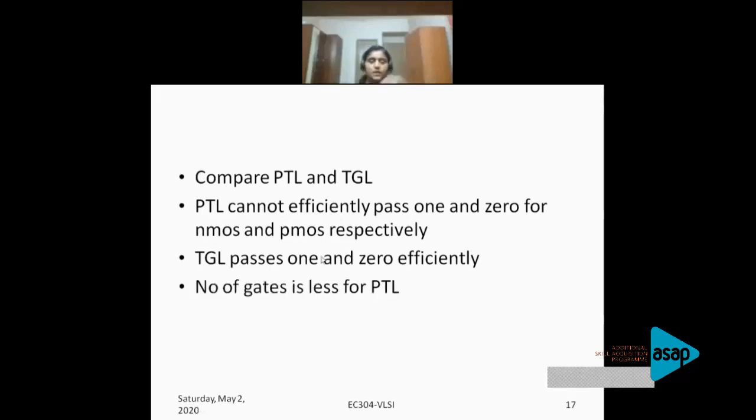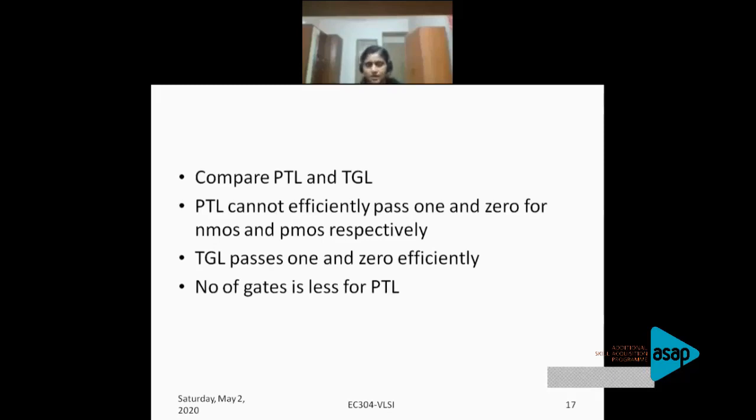Another comparison that you can do is if you look into the circuits we have seen earlier, say for an XOR gate or for an AND gate, the number of transistors required to implement any function in pass transistor logic is obviously less. But for transmission gate, it is more. Say for example, for a 2-input XOR gate, in pass transistor logic, we just require 2 NMOS. Whereas if I convert that into a transmission gate, you require 2 NMOS and 2 PMOS. So the number of transistors is more for transmission gate, less for pass transistor logic.